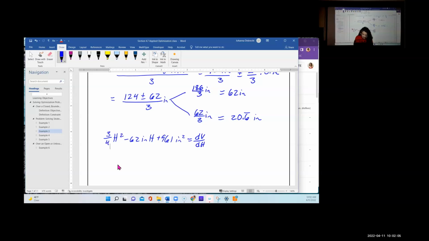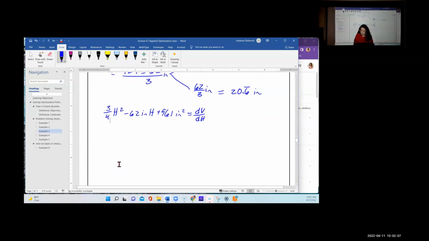All right, so when we're looking at the first derivative, if we want to take the second derivative of the volume with respect to the height, we would get 2 coming to the front, and 2 times 3/4h minus 62 inches would give us 3/2h minus 62 inches.